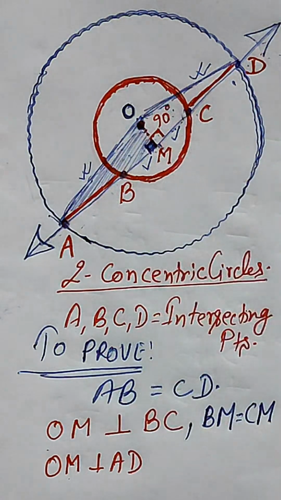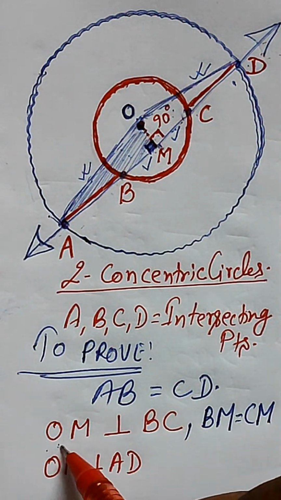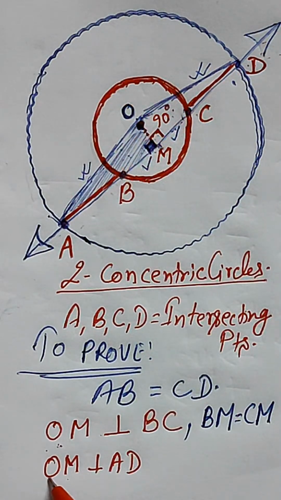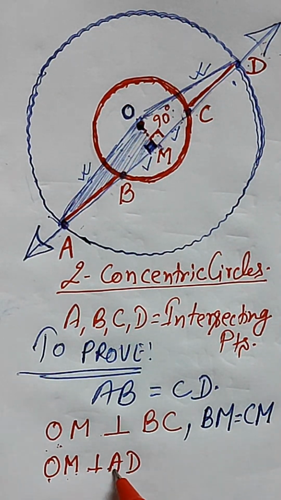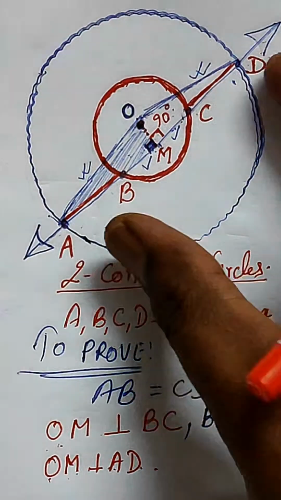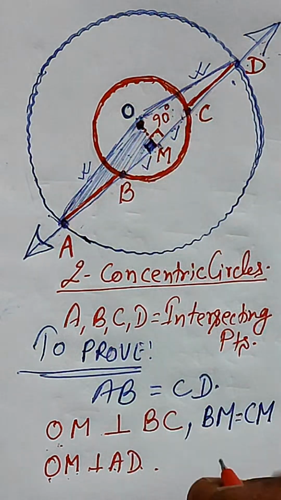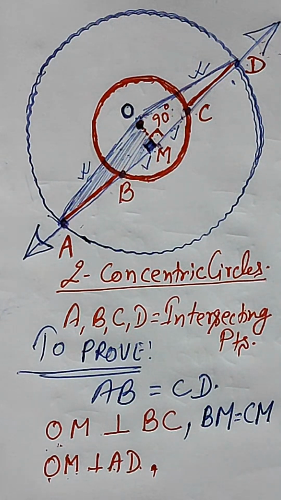So as we have written for the smaller circle, for the bigger circle, since OM is perpendicular to AD, and I've explained the proof to you, we can write what?